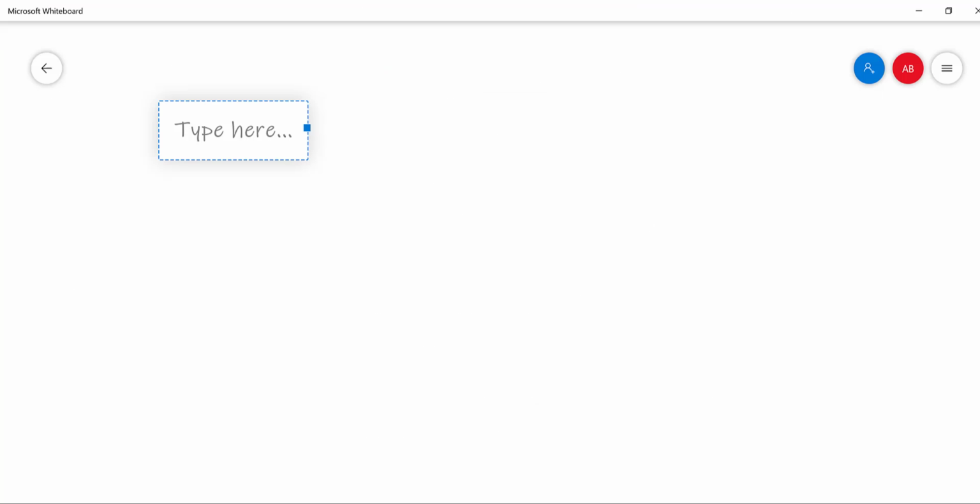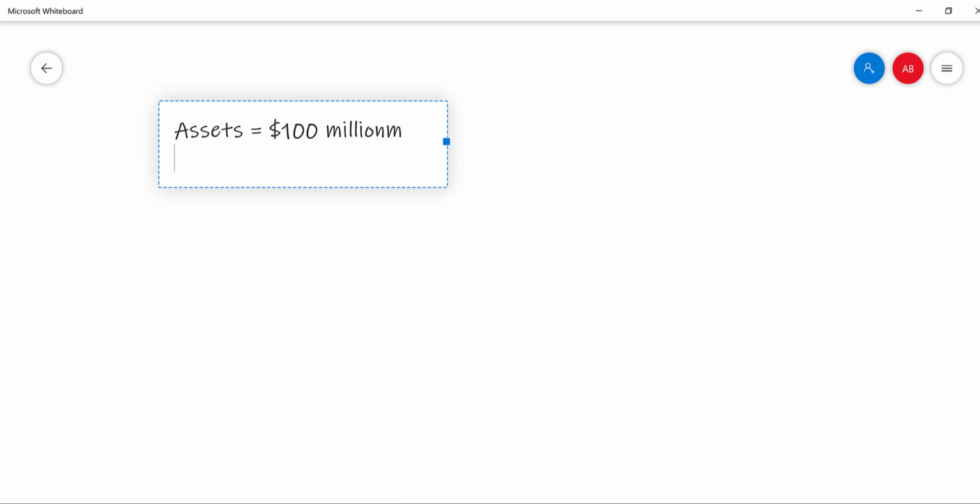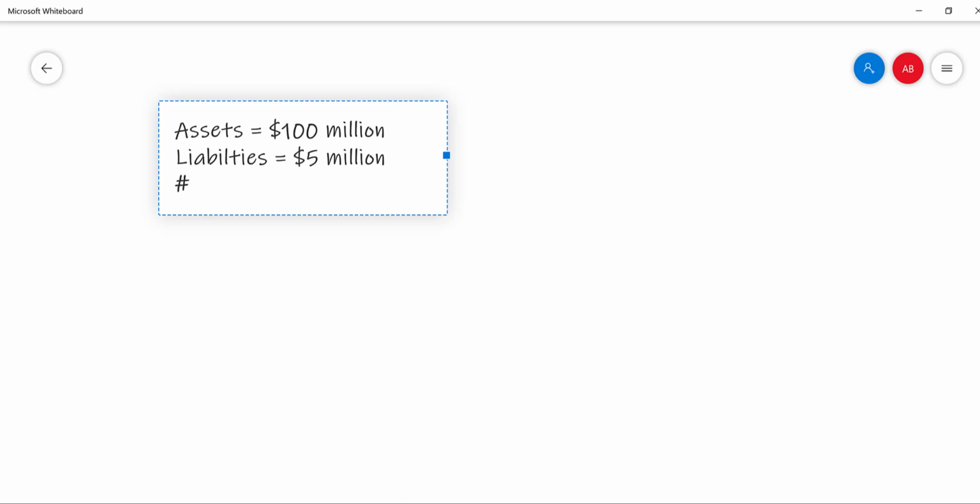share. Okay, so let's say a mutual fund has total assets under management of 100 million, and liabilities. So these are the liabilities of the fund. Let's say those are 5 million. Sometimes they are there, sometimes funds don't have any liabilities, and the number of shares outstanding for that particular fund is say 10 million, right?